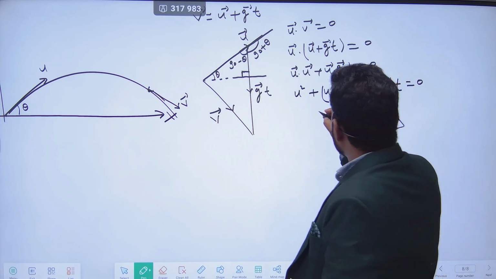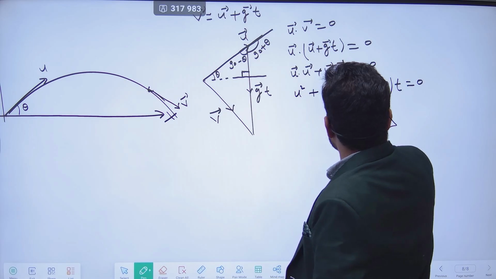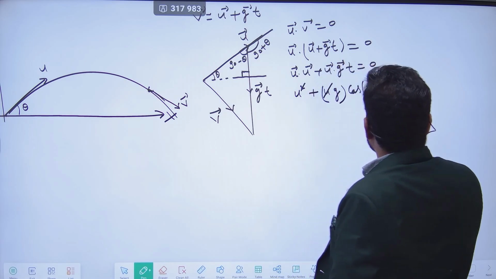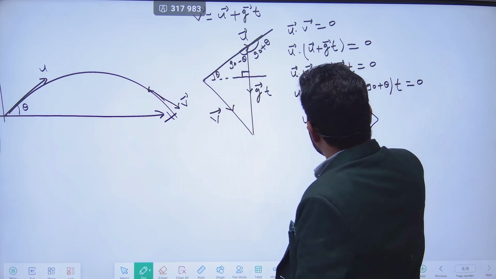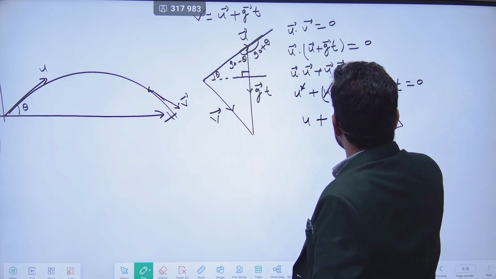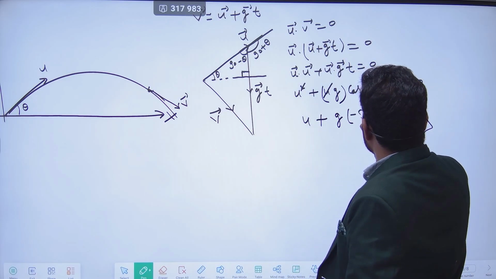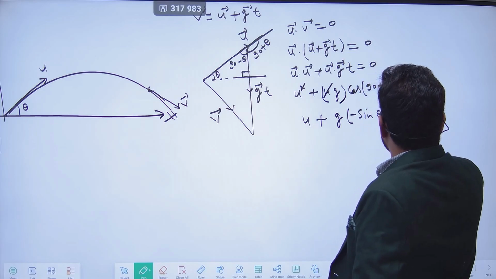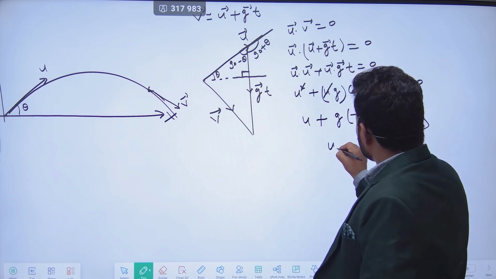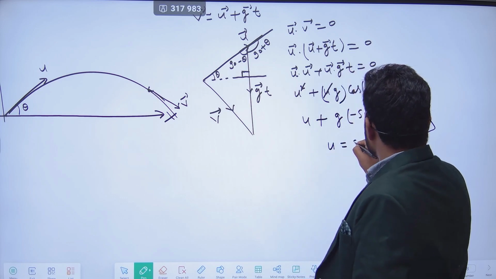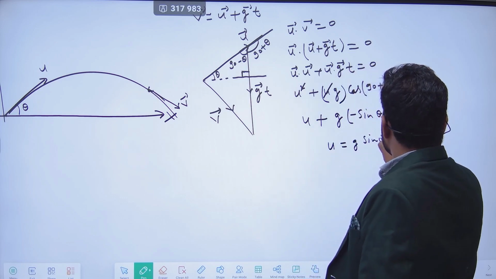So from here this u will be cancelled out. If we divide throughout the equation by u, here u plus g cos of 90 plus theta, which is minus sine theta, into t is equal to 0. So u is equal to g sine theta into t.